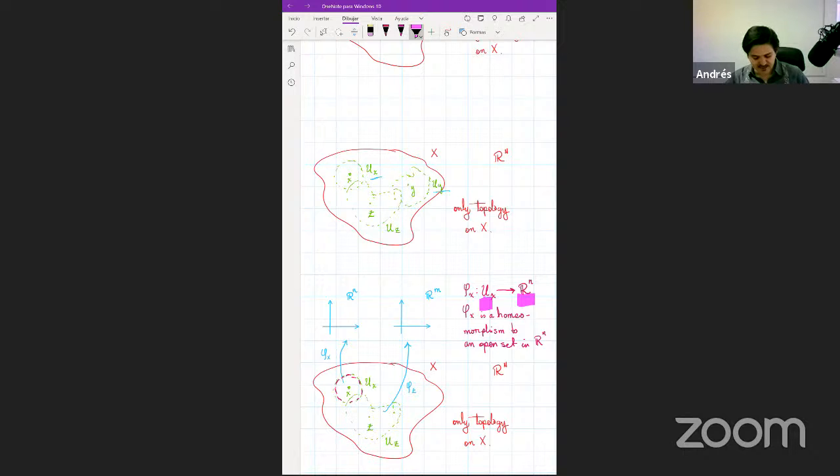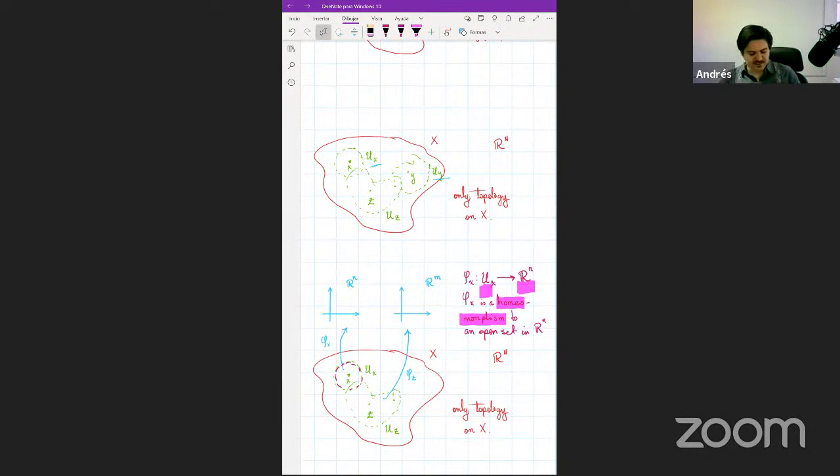This I can do because remember that homeomorphism is a concept of topology, and here X is a topological space. Okay?